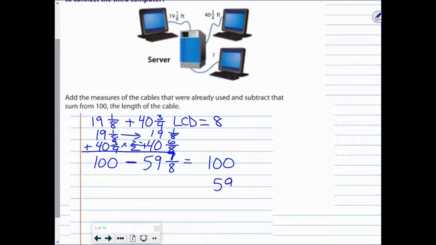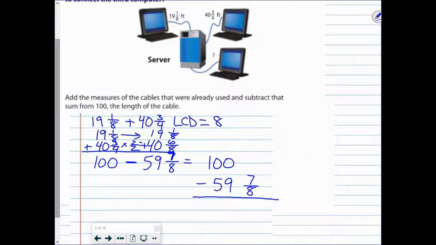Making sure that I line up the whole numbers together by their place value and putting the fraction off to the side here. Keeping in mind I am subtracting them. Well, I have a little issue here.